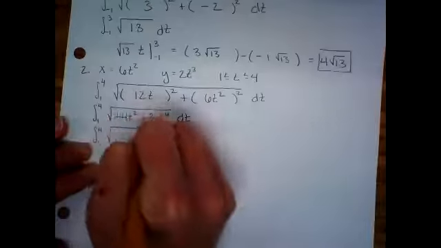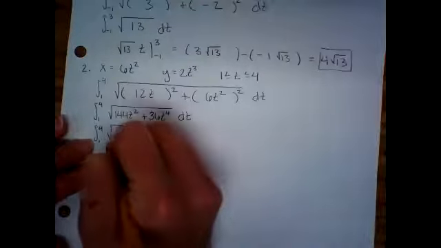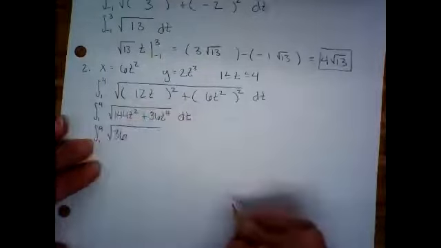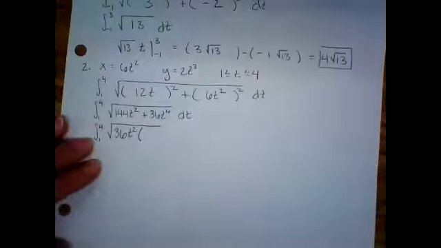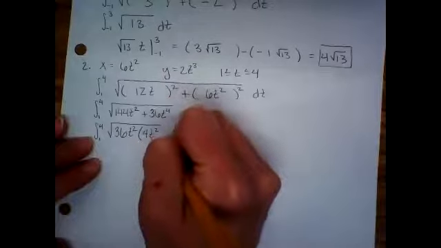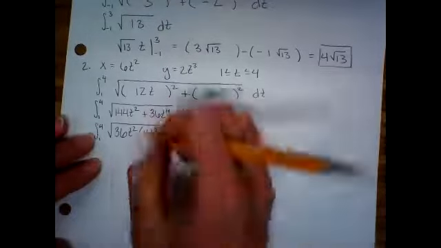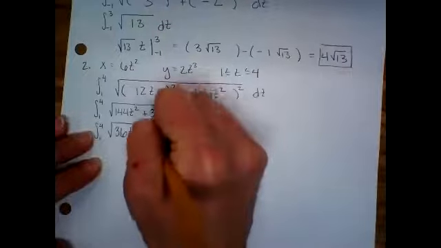What can we factor out of both of those? Even bigger than 12, actually. We can take out 36, and I heard you guys say the t squared. So that'll leave you with 4 plus t squared, dt.